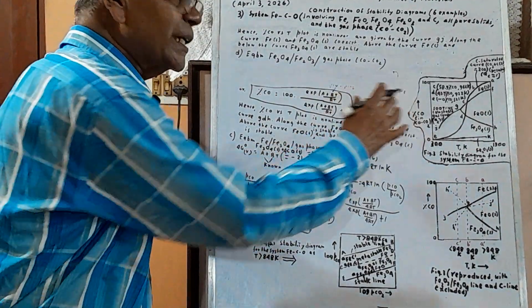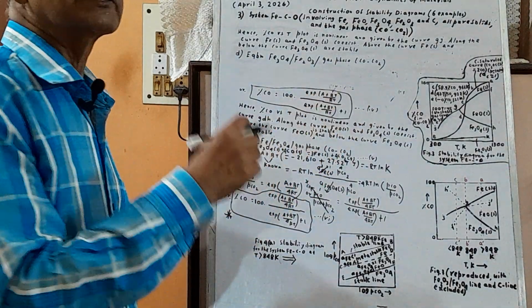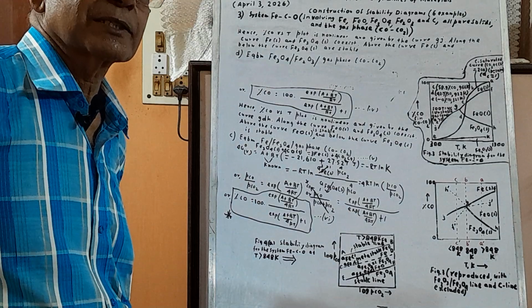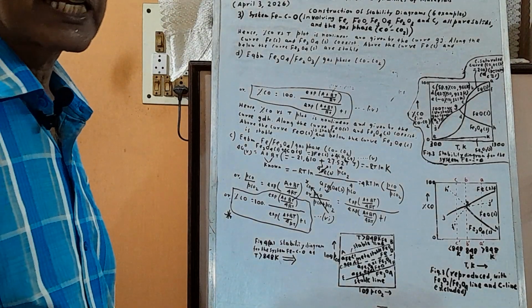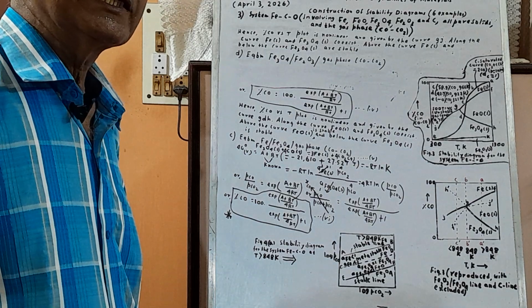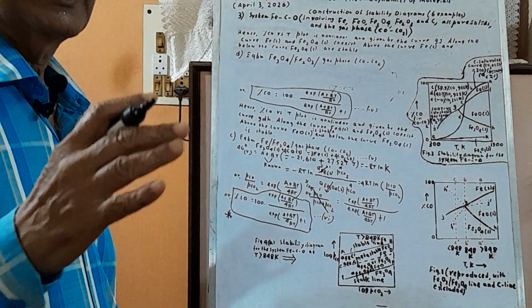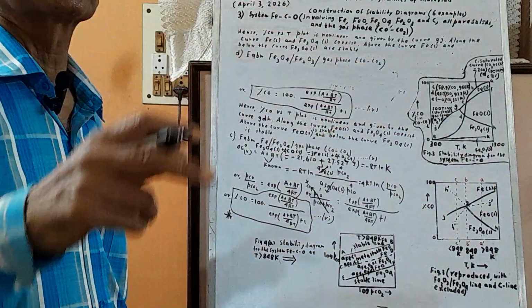First you comprehend this, then you complicate with nitrogen. That's why nitrogen is not included. But if there is nitrogen, or argon for that matter, a third component in the gas phase, then you exclude nitrogen and see from the remaining amount what is the percentage of CO and CO2.